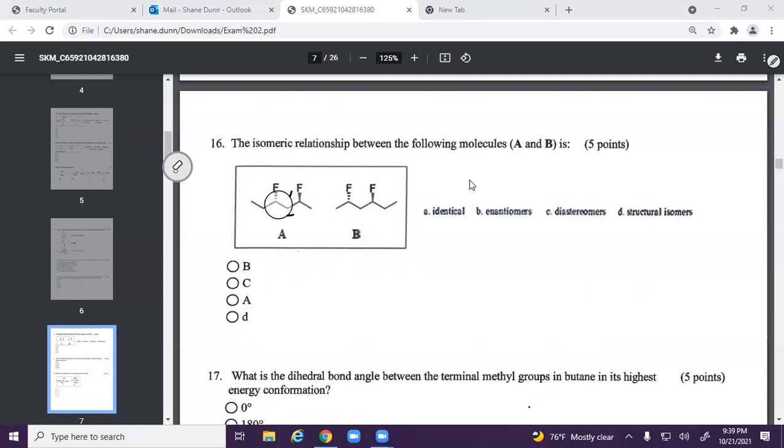But since the fluorine, our number one, is dashed, it makes it 1, 2. That makes that S. Okay, 1, 2, like that. Makes that what? Normally R, but now since the fluorine is dashed, it makes it S.